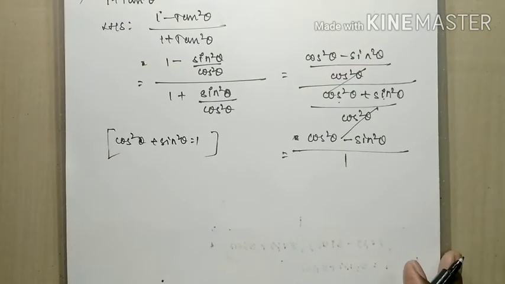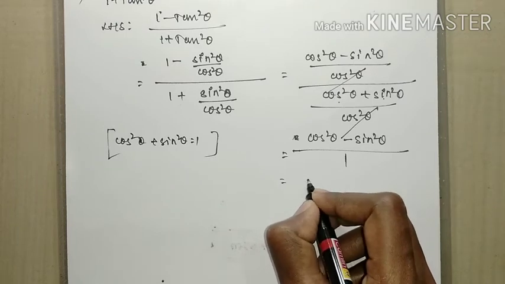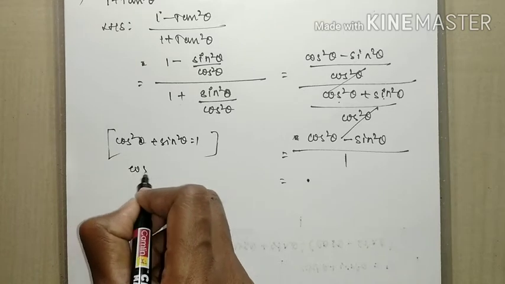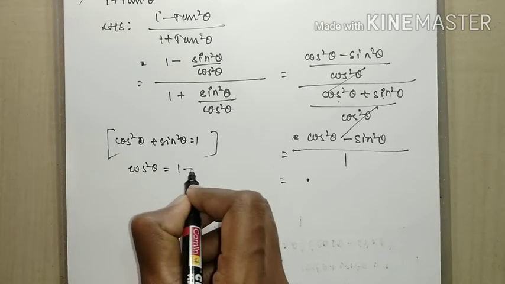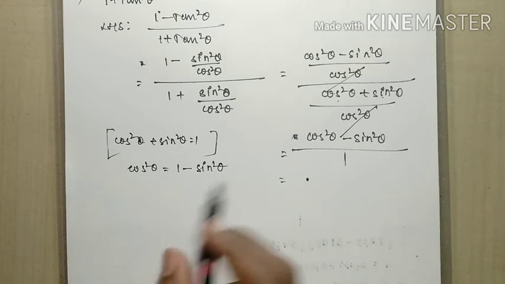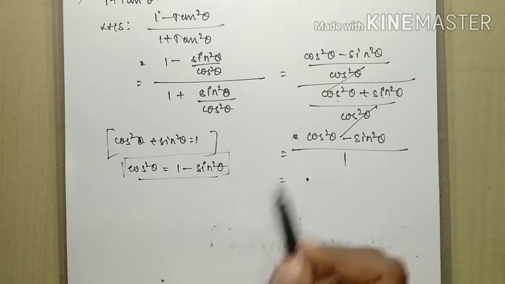You can use this. Now here we can take cos square theta equals 1 minus sin square theta. So this result I can use here.